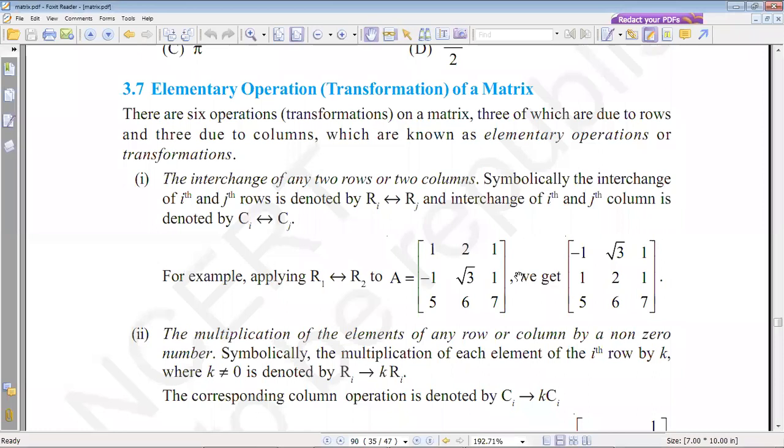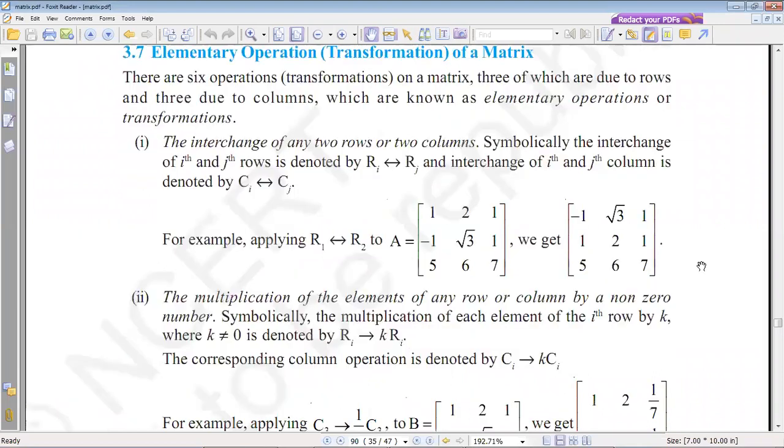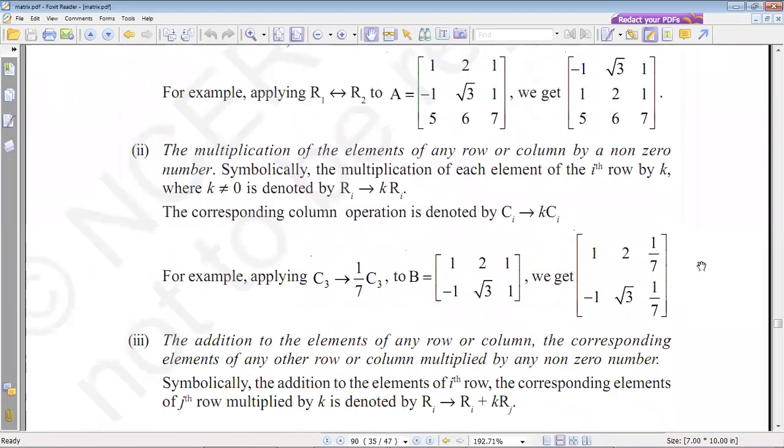So we can interchange any two rows or any two columns. This is your first elementary transformation.